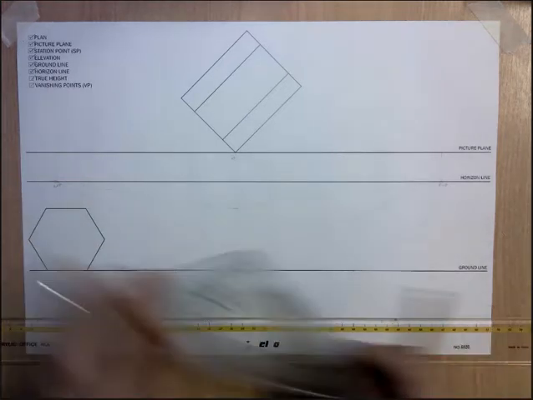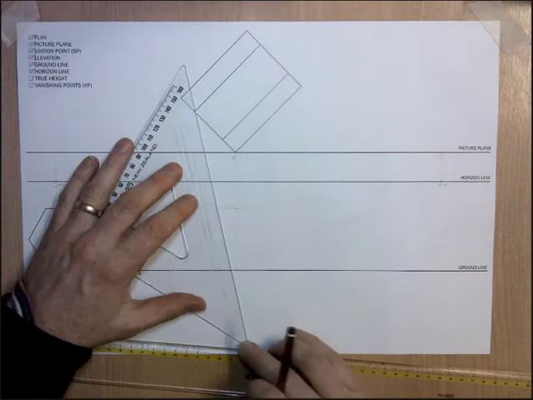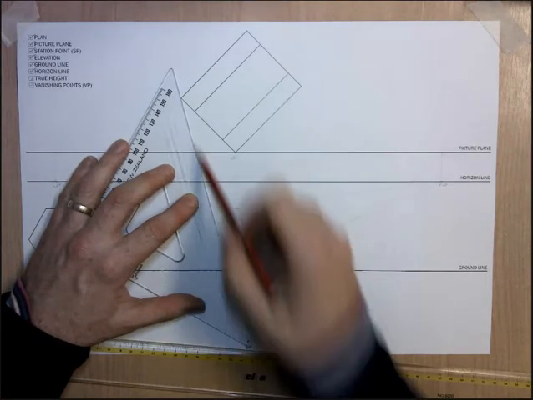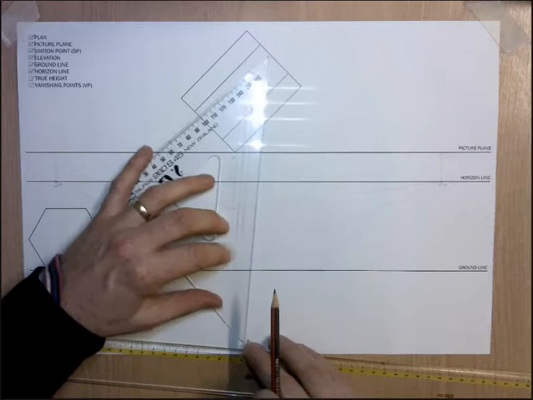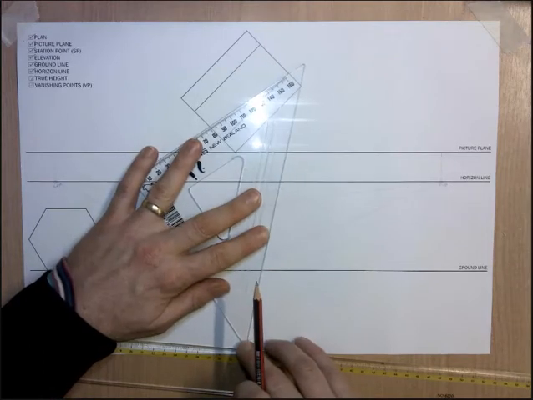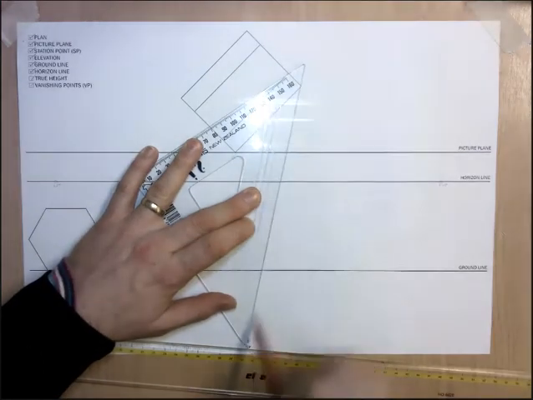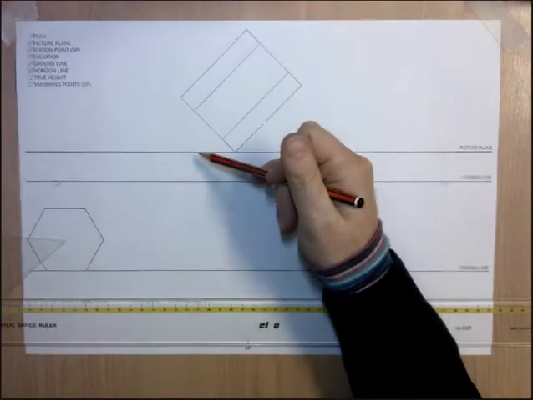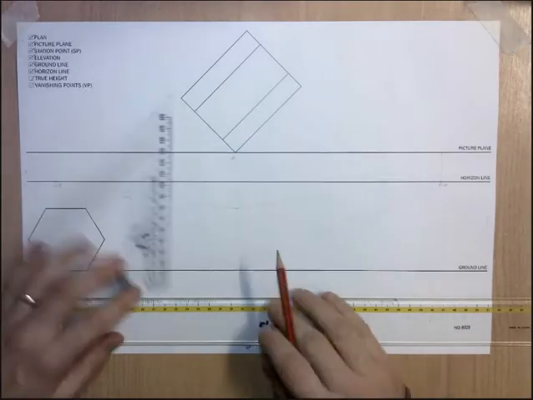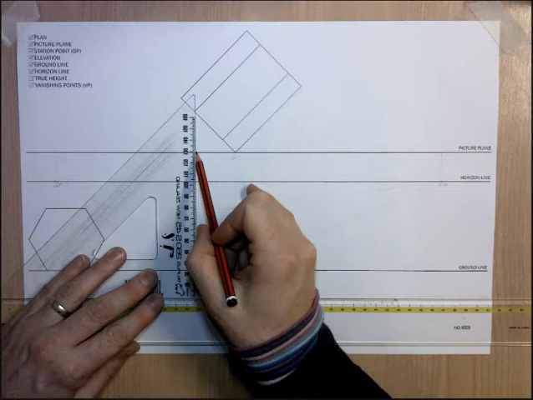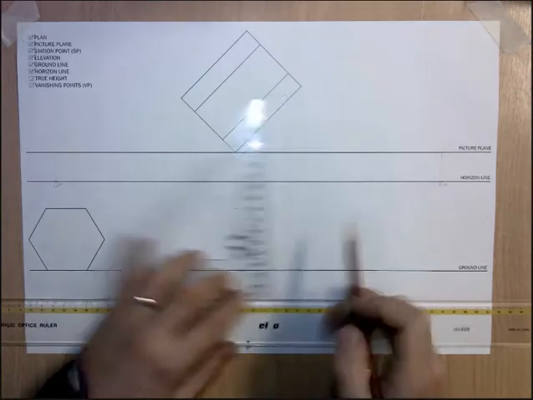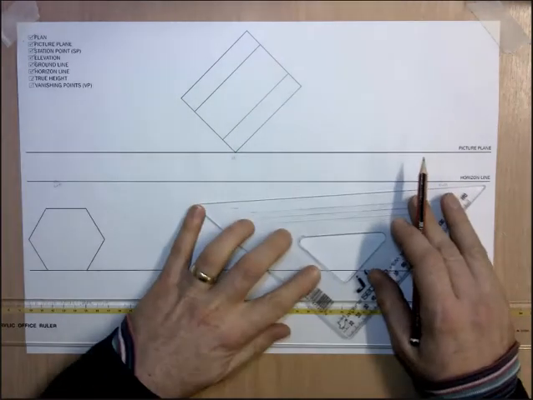So let's finish off that crate. Send out some eye lines or laser beams out towards those corners. And where those laser beams intersect our picture plane, or that invisible wall, they fall down straight there.